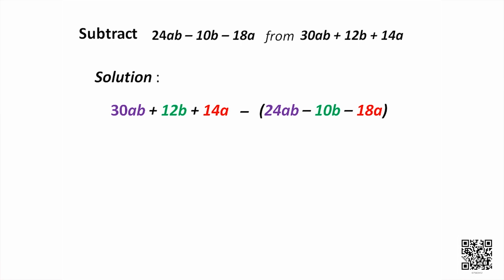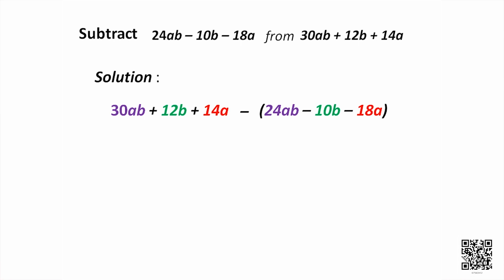Okay, what we will do, we will write 30ab plus 12b plus 14a, and from it we have to subtract 24ab minus 10b minus 18a.